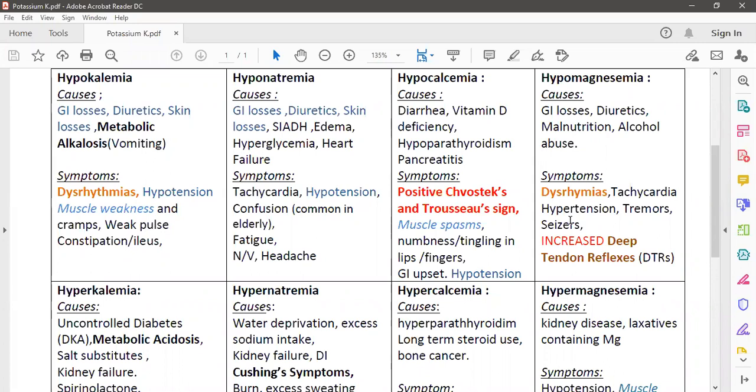What other electrolyte causes digoxin toxicity? Hypokalemia. So when potassium goes down, or when magnesium goes down, hypokalemia or hypomagnesemia, both increase the risk of digoxin toxicity.